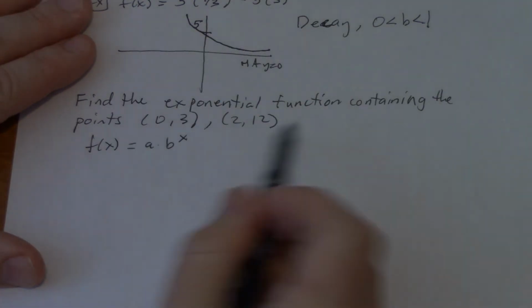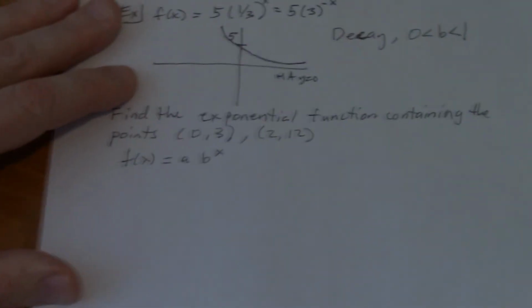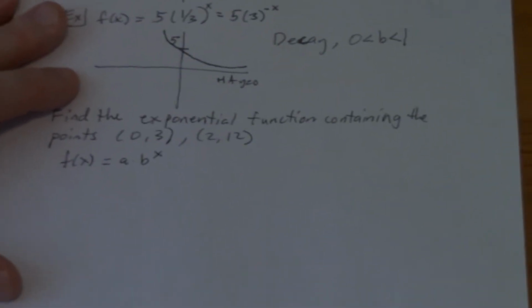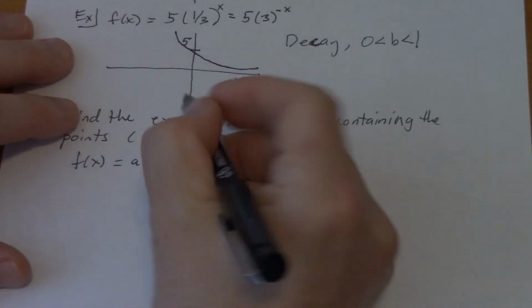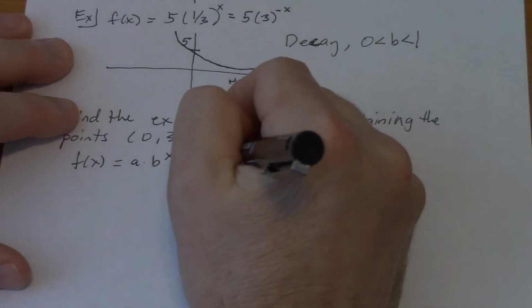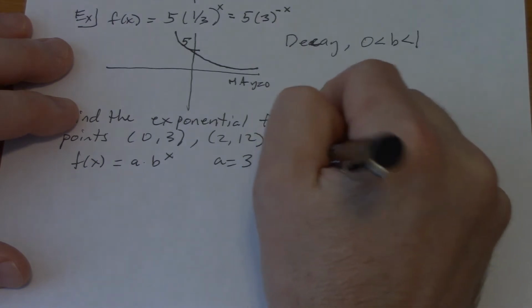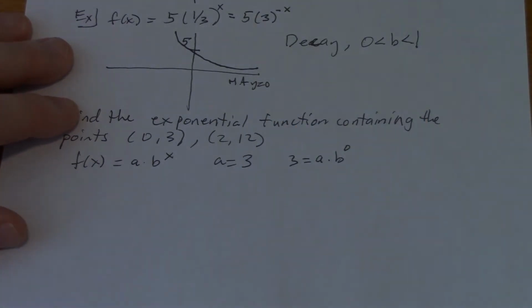We've got nice, lovely whole numbers there, so we're hoping something nice is going to happen. So what's going to happen here? For (0, 3), we know from before that if we have 0 as the x-coordinate, that number is a. So a equals 3 because 3 is equal to a times b to the 0, and b to the 0 would just be 1.